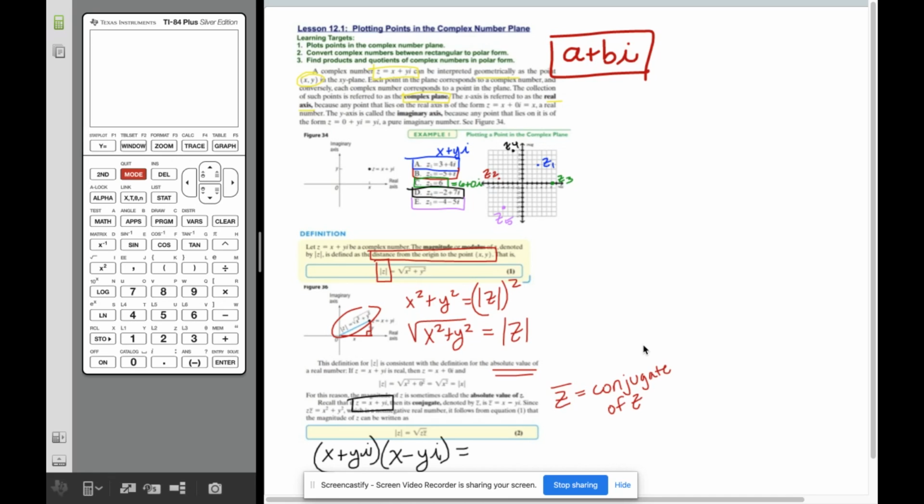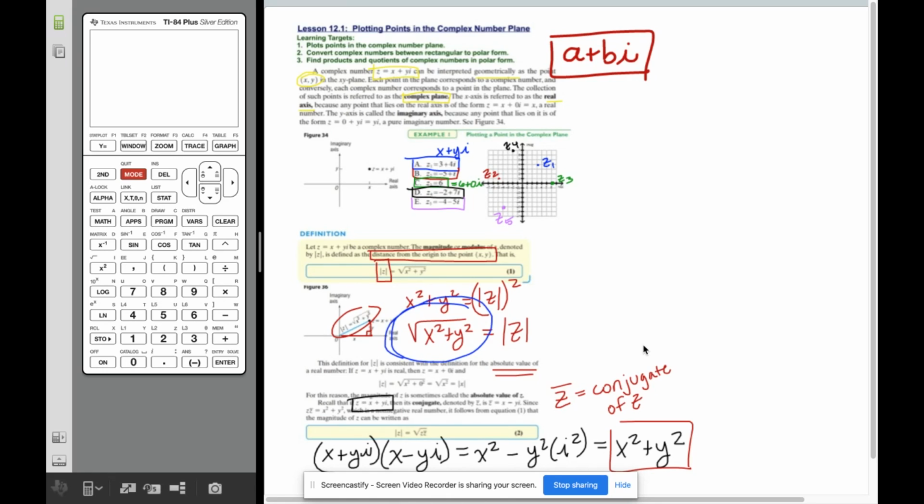you would end up with x squared minus y squared i squared. And of course, i squared is just negative 1, so you would end up with x squared plus y squared. That's what we always do with conjugates, a plus bi, a minus bi. So you can take what we just did and combine a couple of different things.